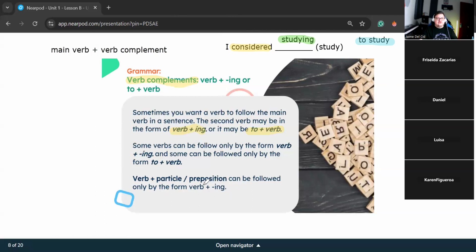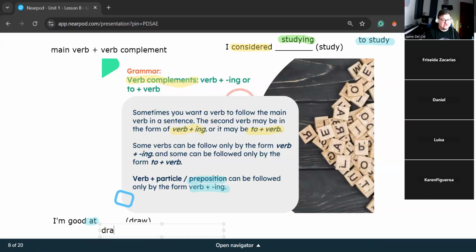Esto ya lo habíamos visto. Cuando tenemos una preposición, por ejemplo, como la palabra at, ¿verdad? So, I'm good at, and then they give me the verb draw. The word at is a preposition, right? The word at is a preposition. So you can only use ing when you have a preposition like this.